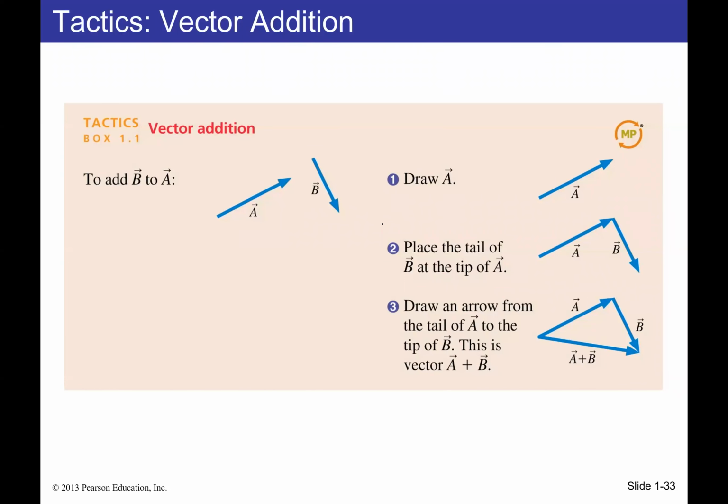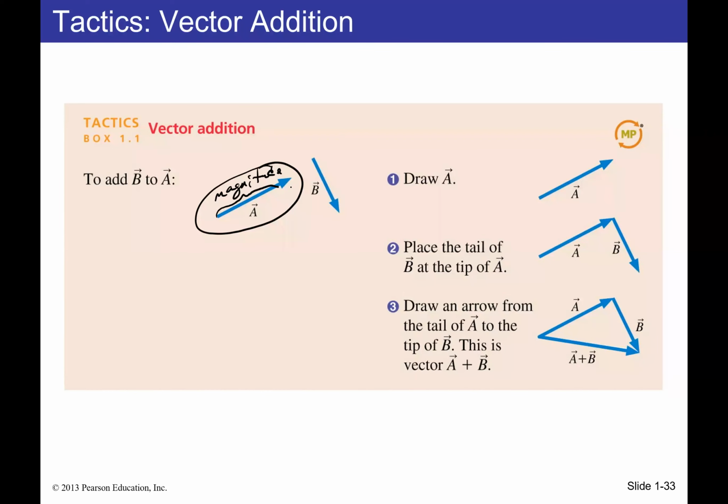Let's generalize and say that we're using some vector A. It can be anything: displacement, velocity, acceleration, some kind of quantity that has a size and direction. So let's say this is that vector A. Again, any vector can be represented with an arrow, so the length of the arrow is information about magnitude, and then you have the direction.